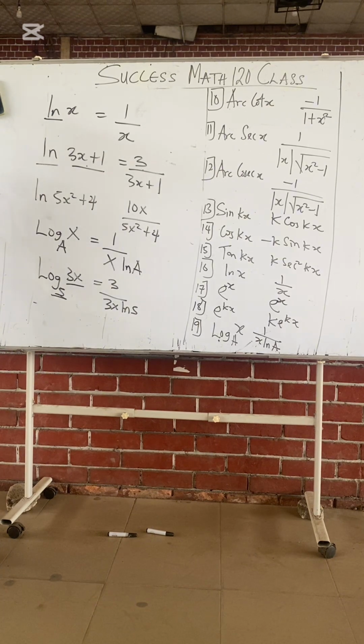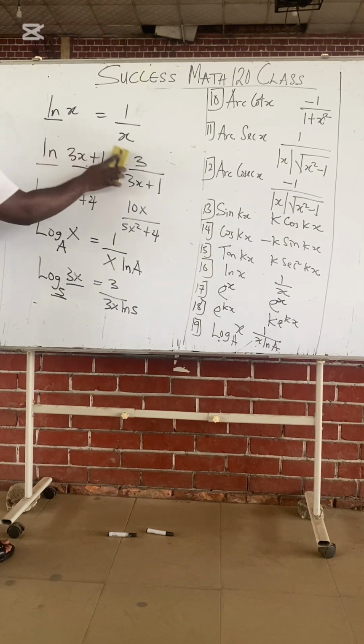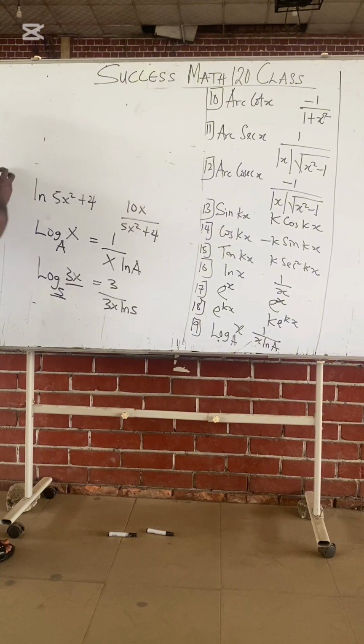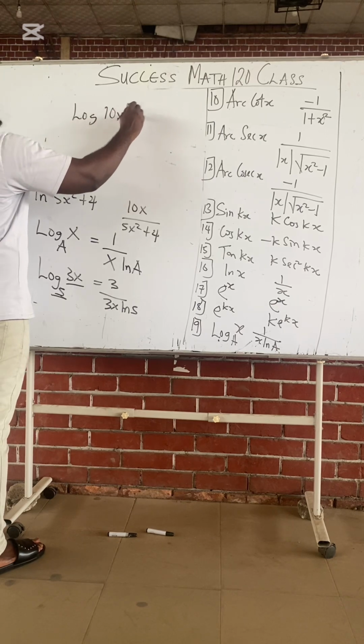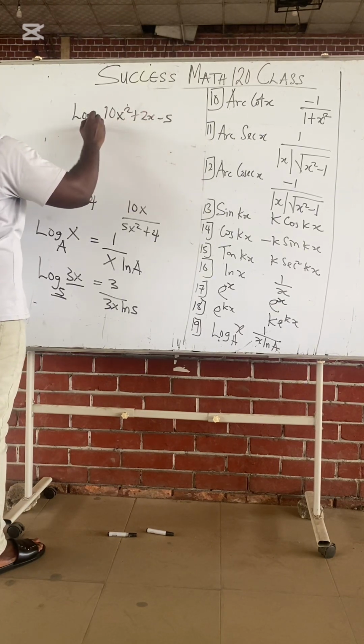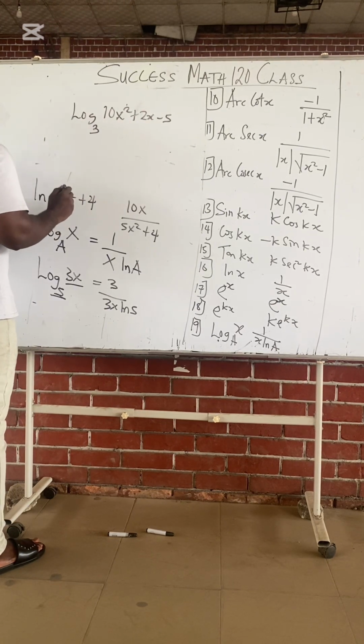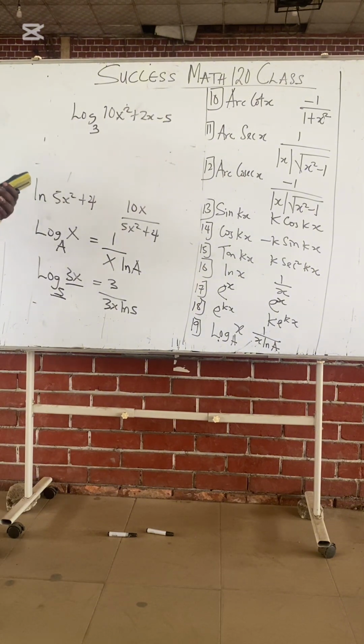Better? Differentiate log of 10x squared plus 2x minus 5 base 3.